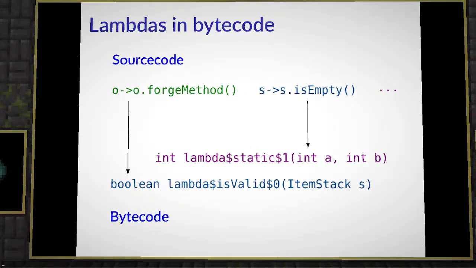So, like here, if this lambda, the o.forge method lambda, resolves to lambda.isValid.0 but is not used inside a method named isValid, SugarCane will drop that lambda and not process it any further, to prevent those kinds of issues. That check isn't perfect, but it is good enough, at least it hasn't caused troubles yet, and well, if it does in the future, maybe there will be a better system, whatever.